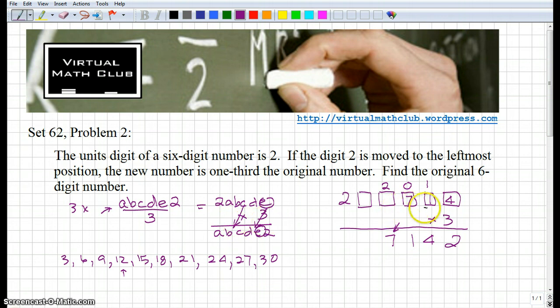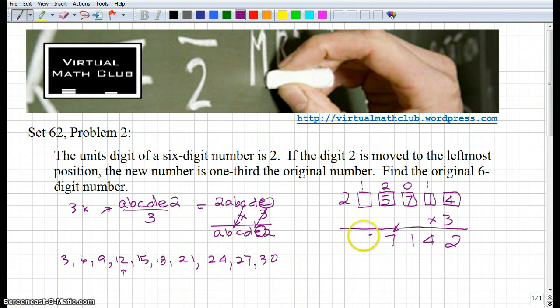So now we've got something times 3 plus 2 ends in 7. So I'm looking for something that ends in 5. It looks like the 15. So 3 times 5 plus 2 gives me 17, and then I carry a 1.